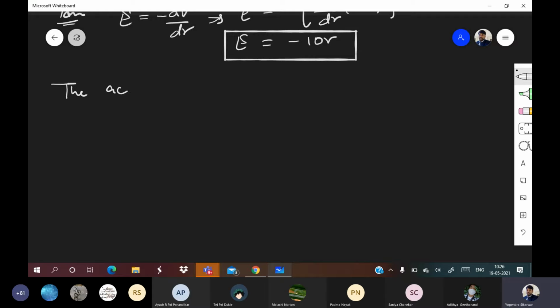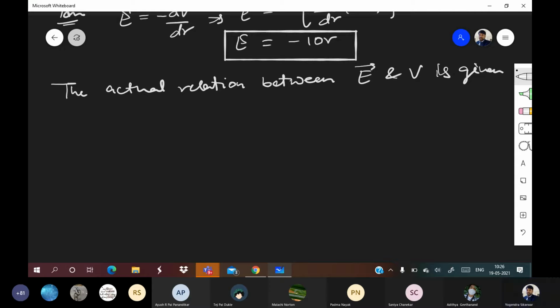The actual relation between E vector and V is as follows, because what was told to you was right, but superficial.